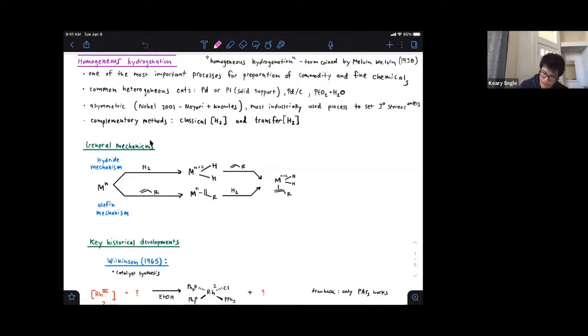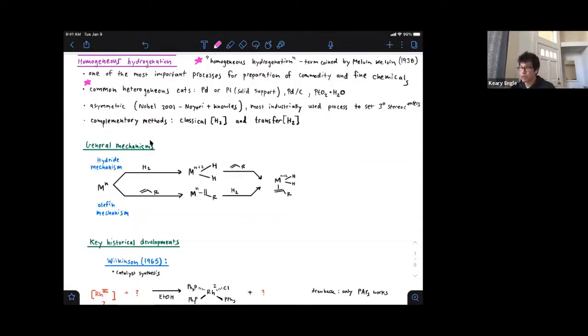And so you see the term first coined by Melvin Kelvin, a familiar name, in the 1930s. Probably many in the audience have used various heterogeneous catalysts. I've used many of these myself, and you know that typically the recipe is you have some nanoparticulate metal like palladium or platinum that is dispersed upon some type of solid support.